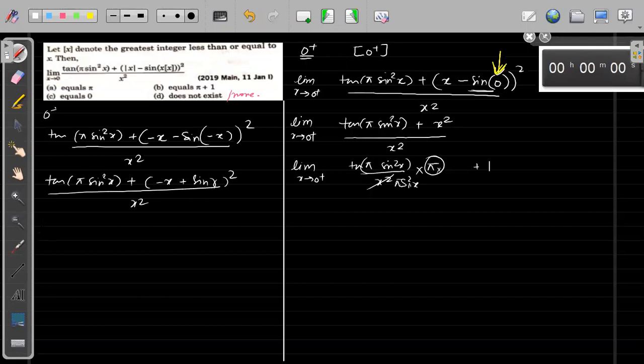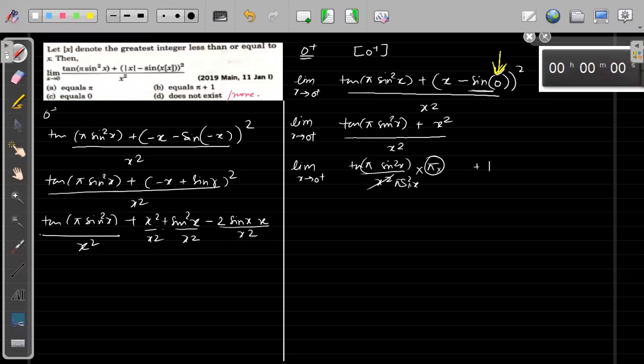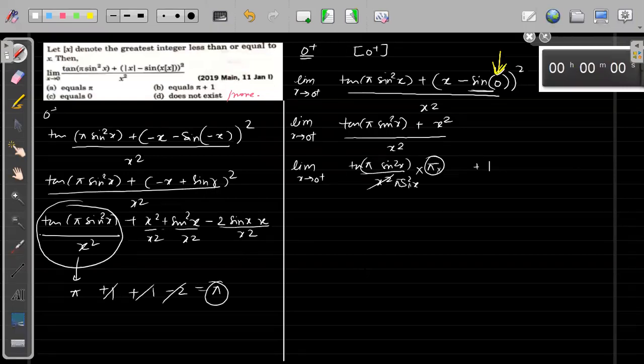Now if I open the square, this will become tan of pi sine square x, this will become x square plus sine square x, and you will get minus 2 sine x into x, whole thing divided by x square. So I will take x square separately. We know this will become pi, this was plus 1, this will be plus 1, and this will be minus 2. So on the left hand side we are getting pi, right? So that means right hand side limit is not equal to left hand side limit, that means limit does not exist, right? Or none of these, right?